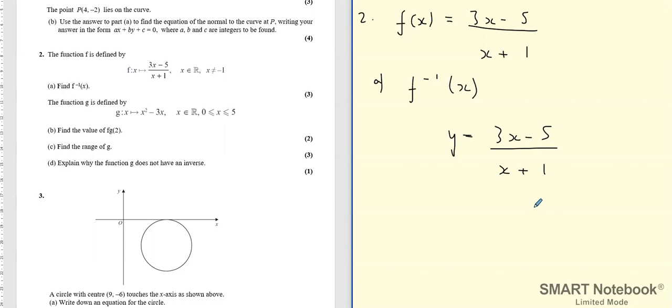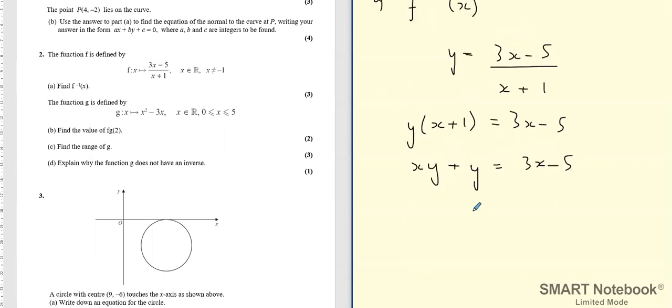So in order to make x the subject, I'm going to say y multiplied by x plus 1 equals 3x minus 5. I expand the brackets: xy plus y equals 3x minus 5. And if I want to make x the subject, I want all the x's on one side, everything else on the other.